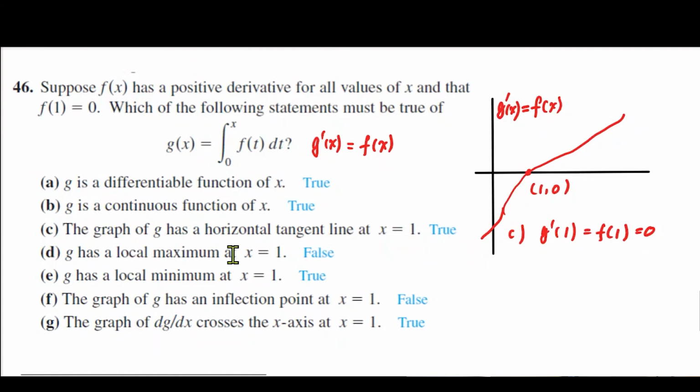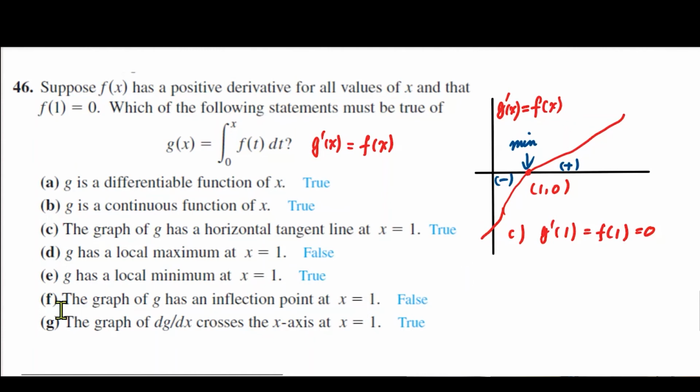It has a local maximum? Of course not. Let's look at the sign chart here. This is negative, right? And this is positive, meaning G changes from decreasing to increasing. So this is your minimum, isn't it? So nope, this is false. And this is true, it's a minimum. Get it? Decreasing to increasing.